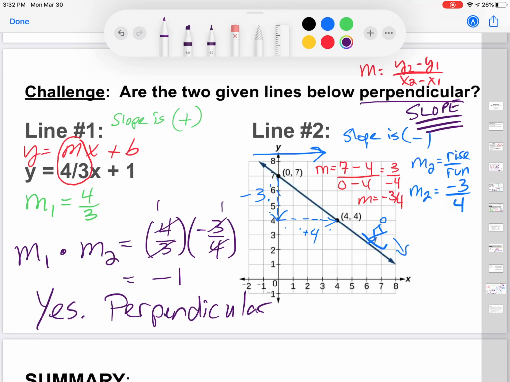And again, not really going to check that on Desmos unless line number 2 you're going to actually finish it out and write the equation of the line, which we could do because you've identified the slope. So I could come over here and say y equals negative 3/4 x, and your y-intercept is sitting right on the graph. That's at a positive 7.